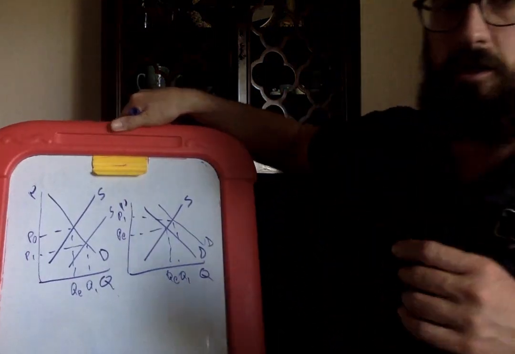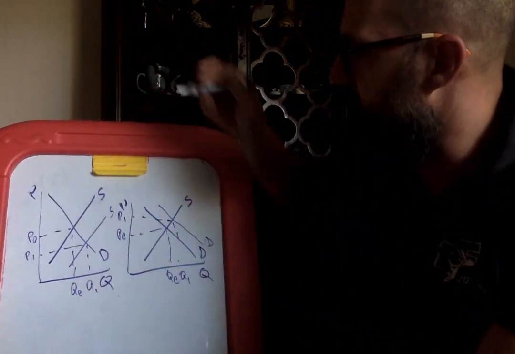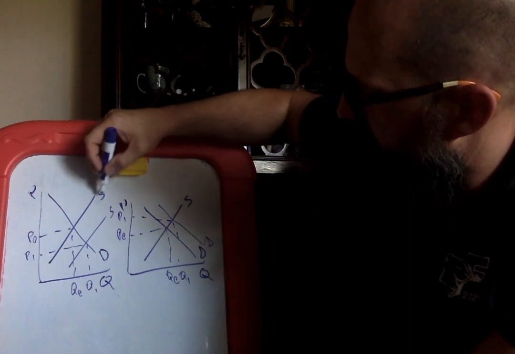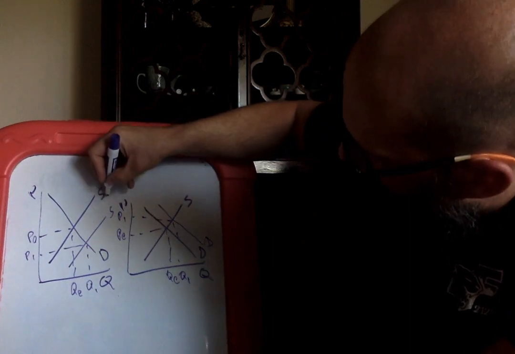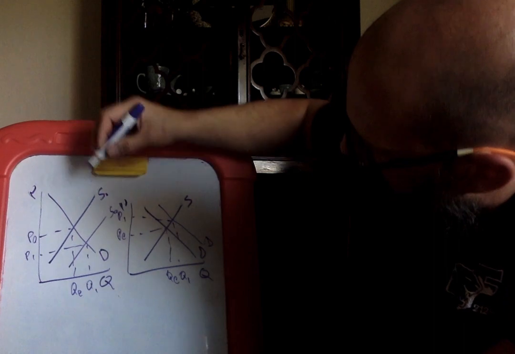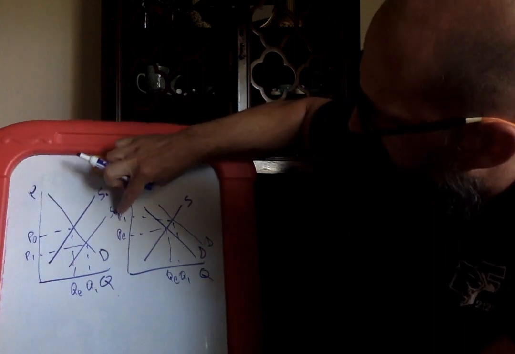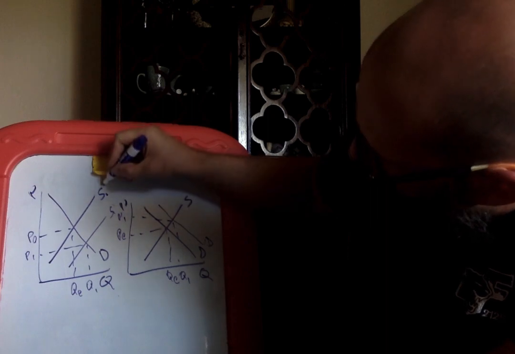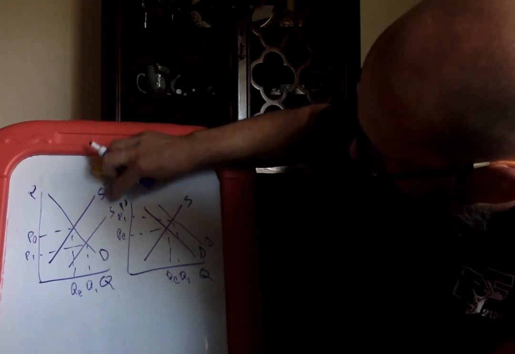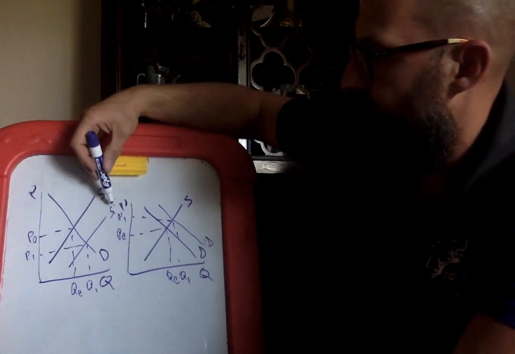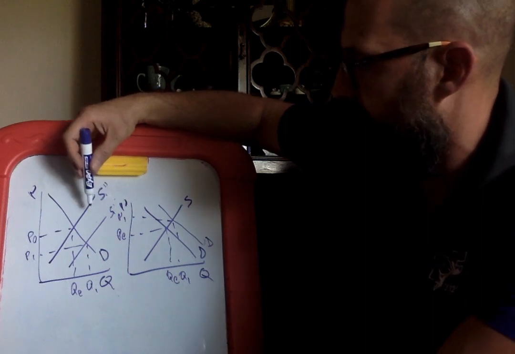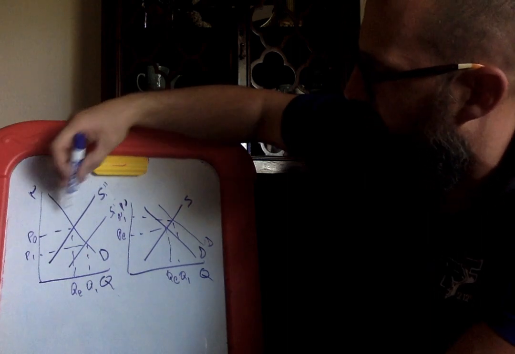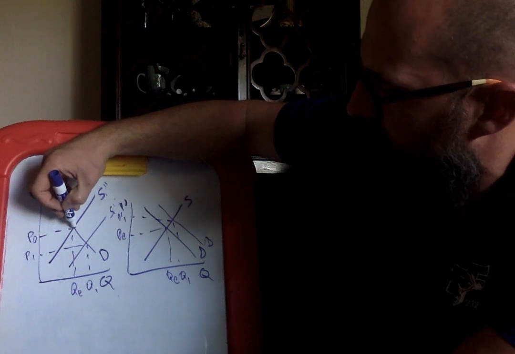Okay, so here, a little less confusing. Here we've got an increase in supply. Let me label these curves. This is our first supply curve, and this is our equilibrium point right here.